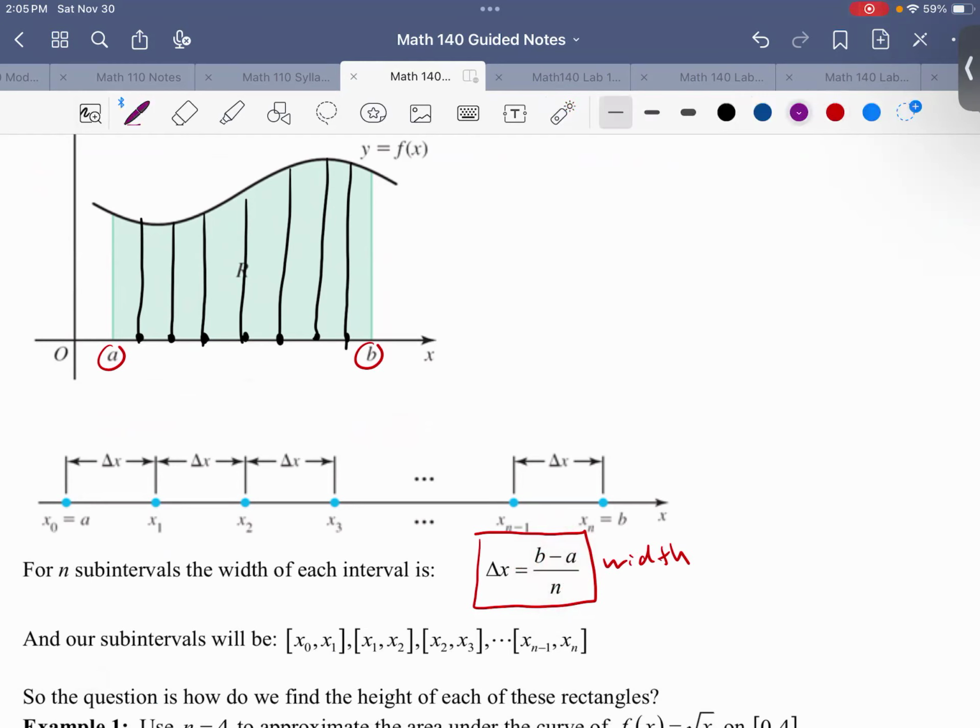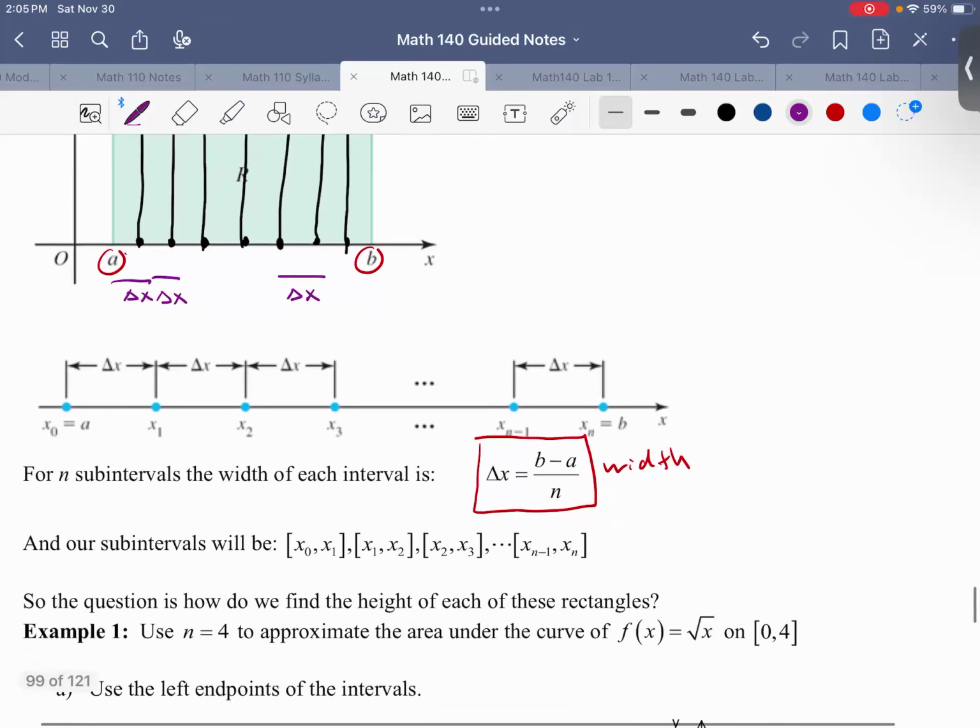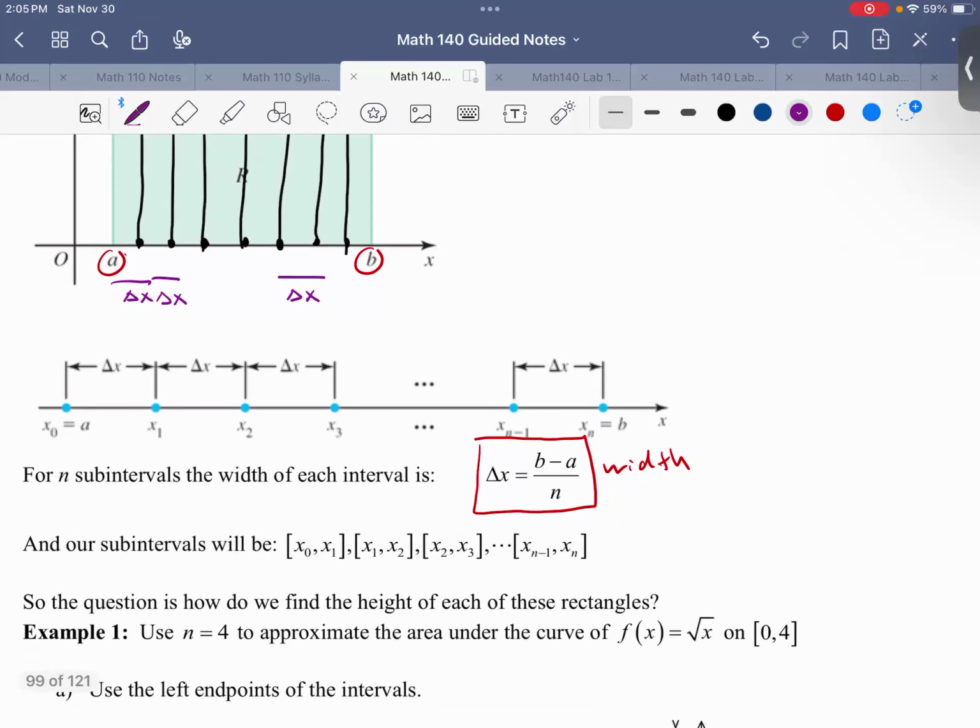So what we would have here is delta x, and it'll be the same over here, delta x. Each of these rectangles is going to have the same width. And we would have different subintervals of x0 to x1, x1 to x2, and so on, where x0 is your A and xn is B.